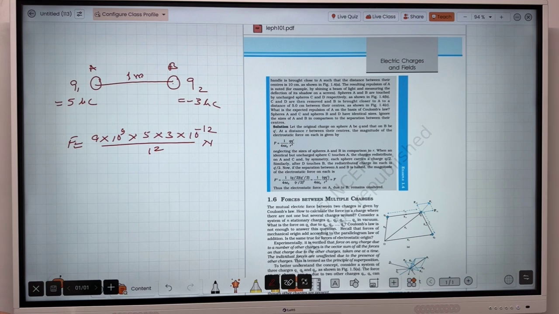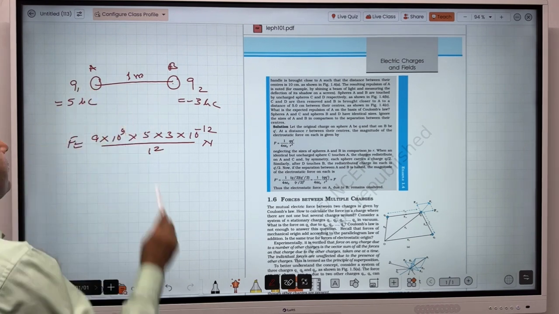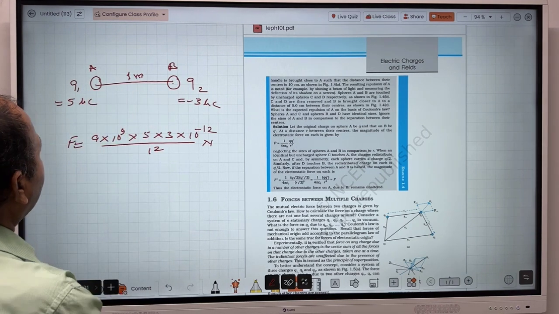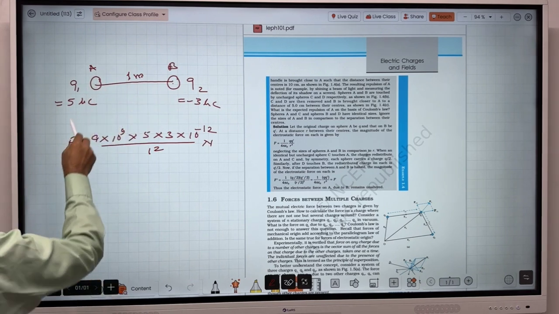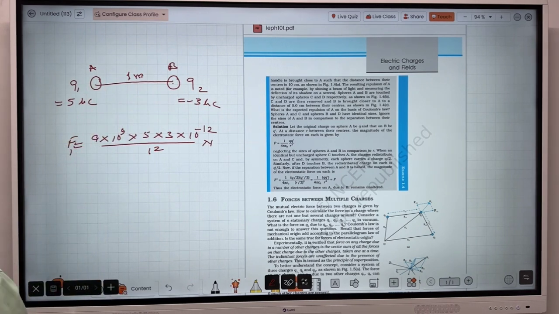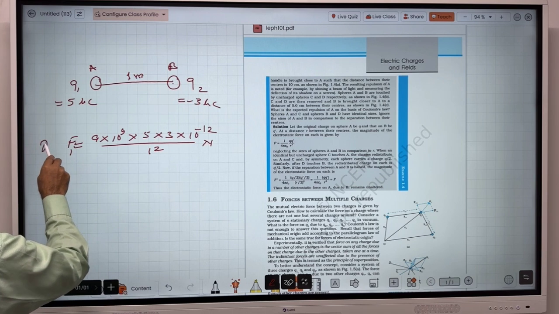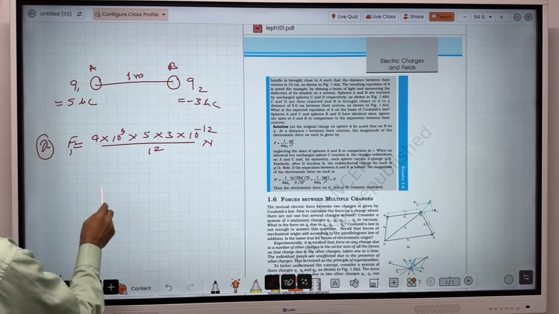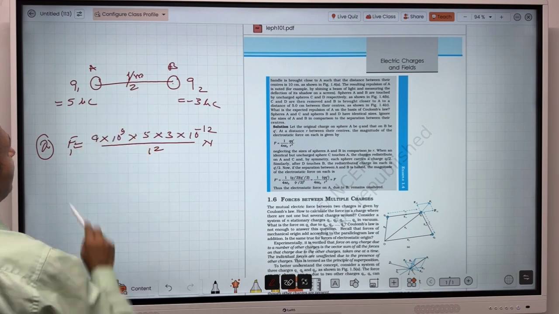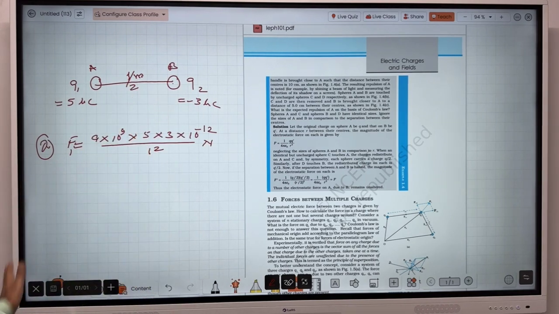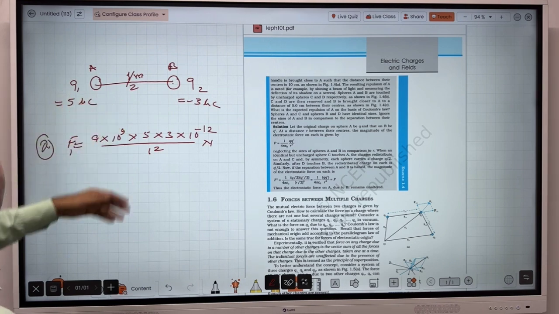Now, if we reduce the distance, what will happen? Suppose we make this distance half. So will the force change? Let's denote this as F1. Now, the new situation, when separation is decreased to 1 by 2 meter, means they are brought closer. So by what factor will the force increase? Let's see.